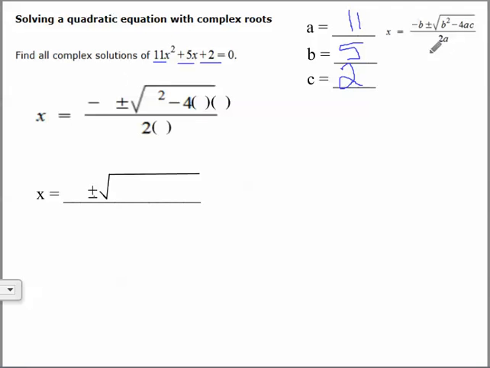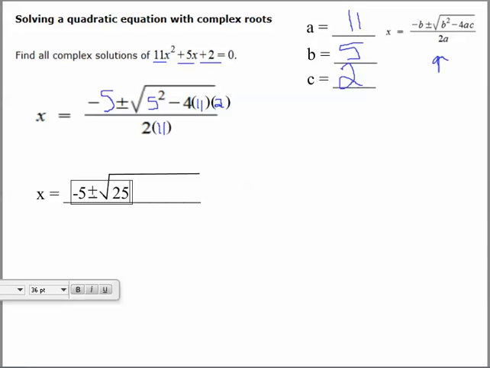Okay, so we've got our formula up here. We have -b, so we're going to put -5 plus or minus the square root of 5 squared minus 4 times a times c, divided by 2a. Okay, so now this gives us -5 plus or minus 5 squared, which is 25.